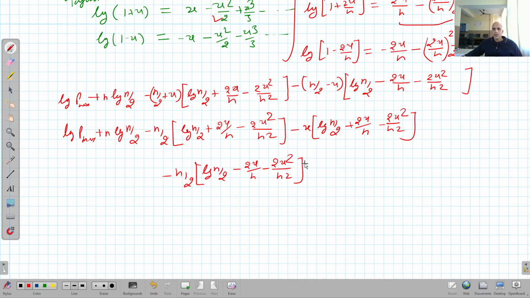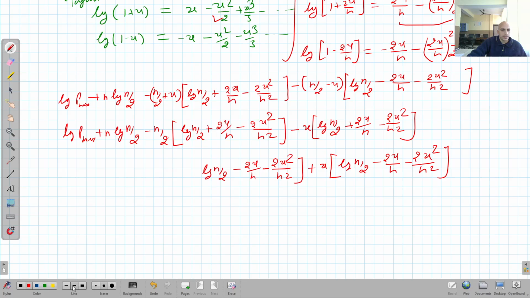And minus minus plus plus x into log of n/2 minus 2x upon n minus 2x square upon n square, right? So when you take things common, n/2 is common here, so you can take n/2 common. I'm doing it here.